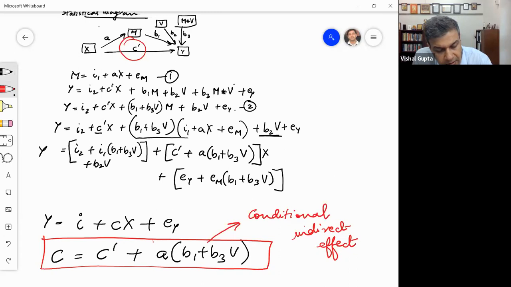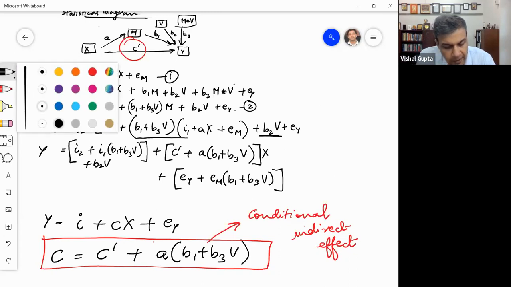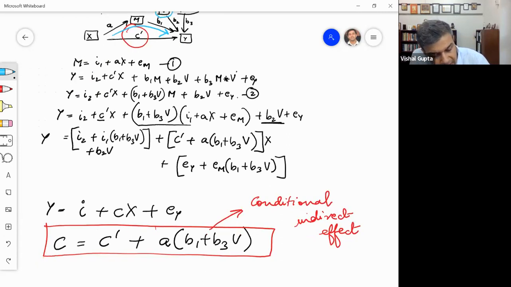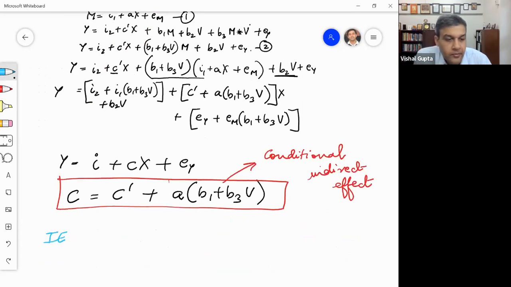So there is not just one indirect effect. Now this indirect effect is conditional upon the value that V takes. So your indirect effect when V is equal to 0, what will it be? a times b1. Indirect effect when V takes a value of 1, what will it be?